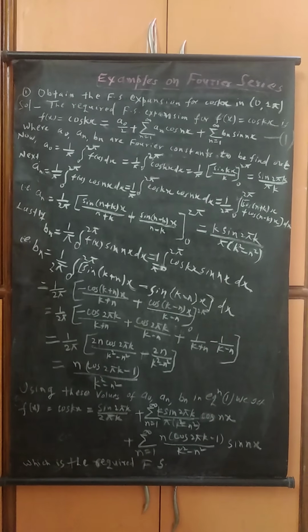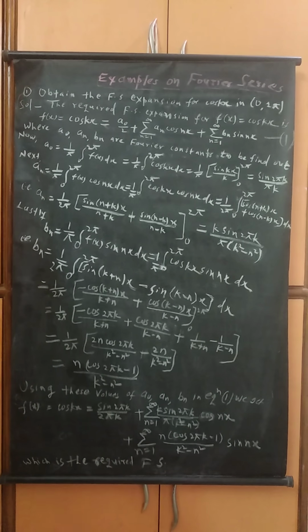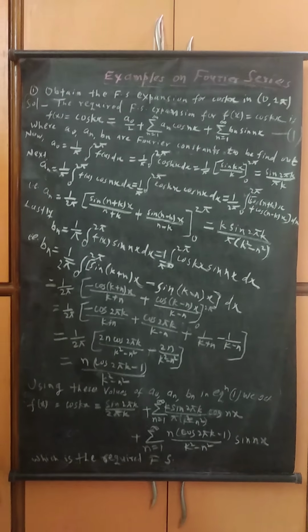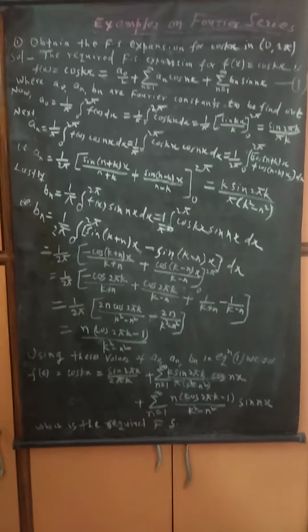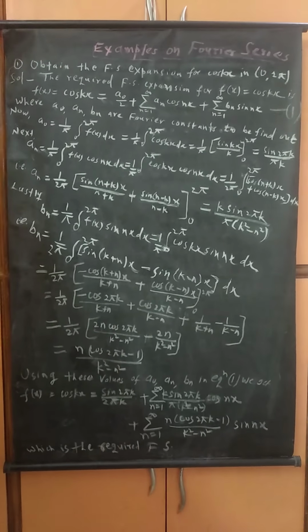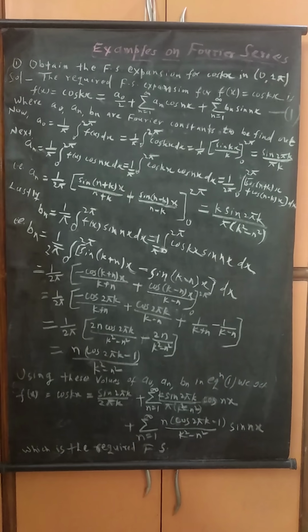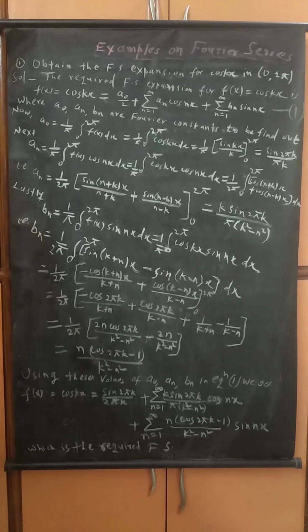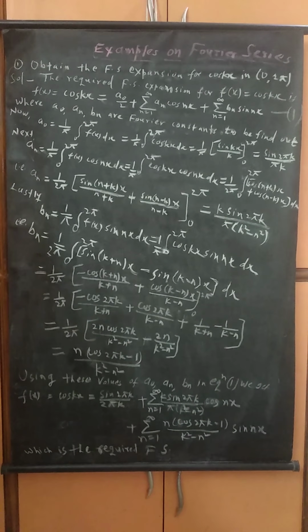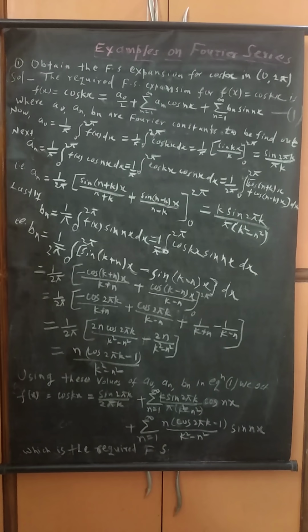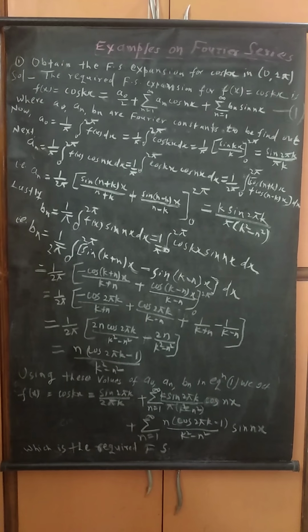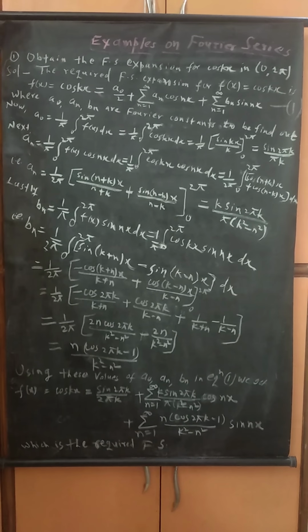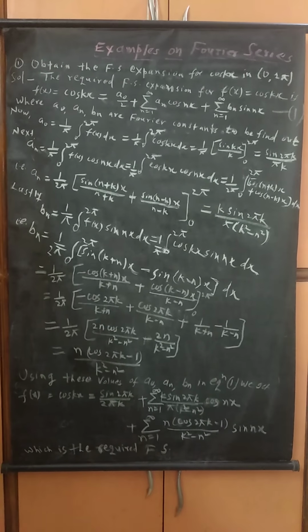So 1 upon pi integral 0 to 2 pi cos kx dx. If we evaluate this integral, we get the value as sin(2 pi k) divided by pi k. Then an, the next Fourier constant.